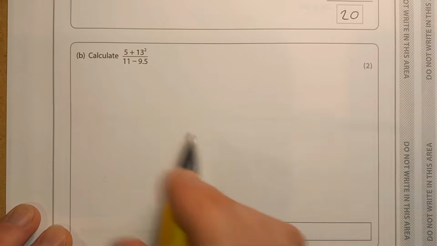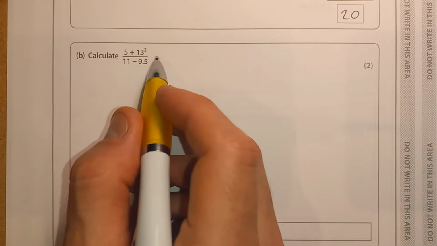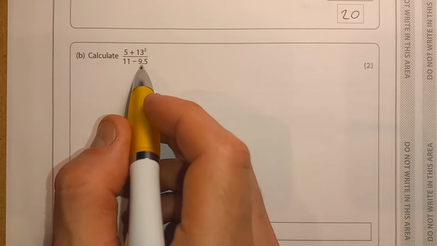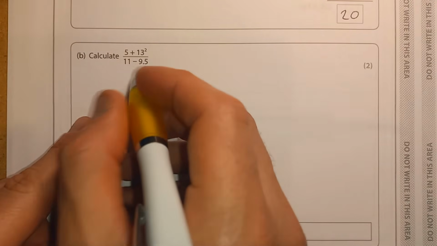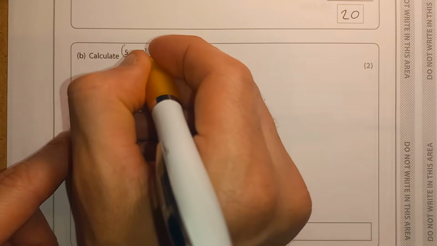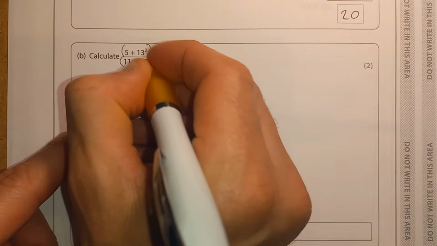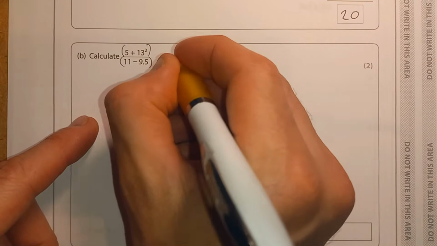Okay, part B. Calculate 5 plus 13 squared, all divided by 11 minus 9.5. Now on this one, although they haven't done it, because we've got the divide sign here, it's like we've got brackets, because we would do everything at the top first and everything at the bottom first.